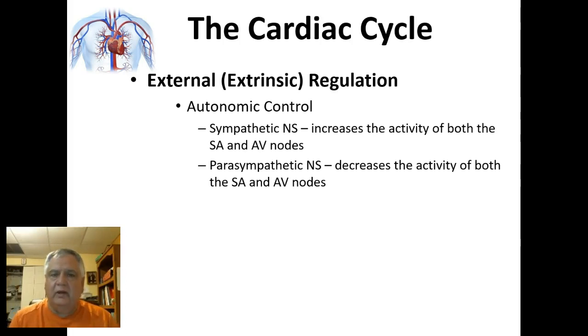Generally speaking, the sympathetic branch increases the activity of an organ while the parasympathetic branch decreases the activity of an organ. So the sympathetic nervous system, with regard to the cardiac cycle, will increase the activity of both the SA and the AV nodes.